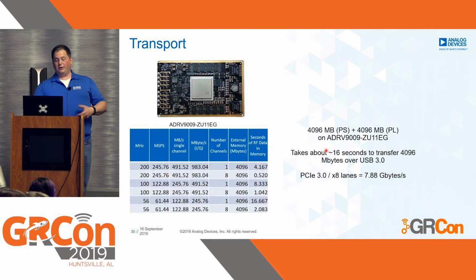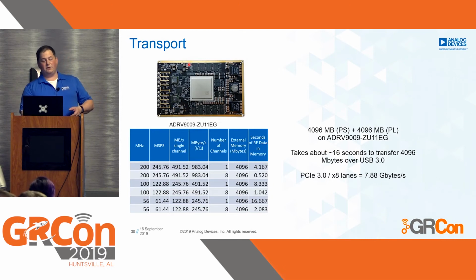For USB 3 or PCIe, there are other platforms which can have up to 8 RF channels that will sample at 245 megasamples a second. From an IQ data rate, that's 491.52 megabytes per second, and 983 megabytes per second for each IQ channel.